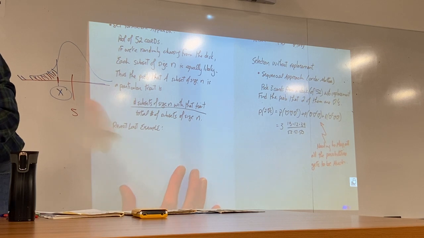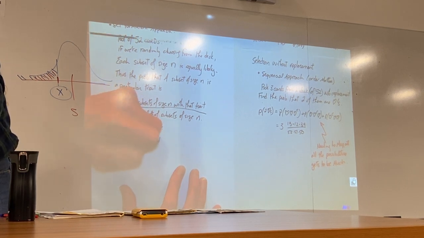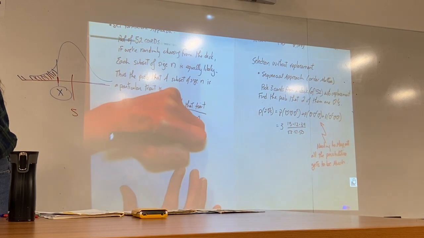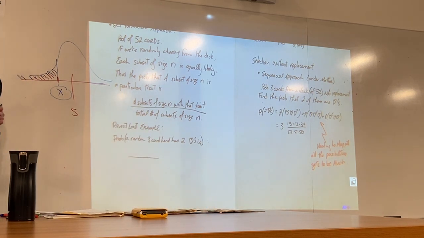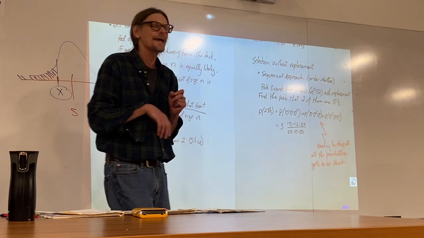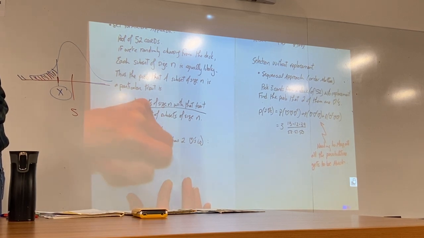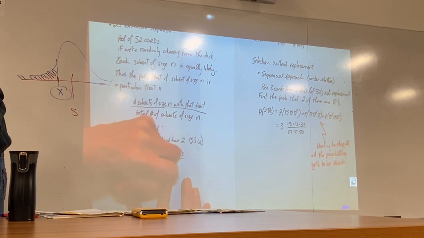The probability that a random 3-card hand has 2 hearts is the number of 3-card hands with 2 hearts in it divided by the total number of 3-card hands. Does that make sense?